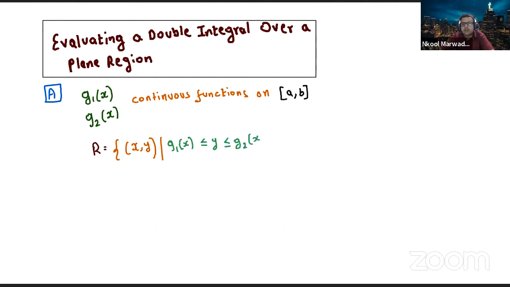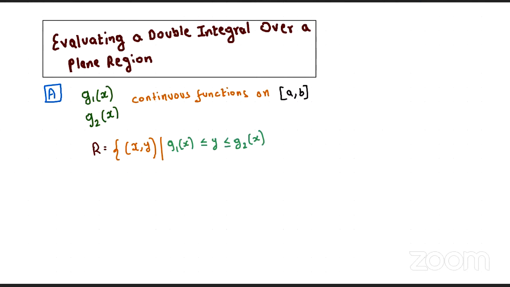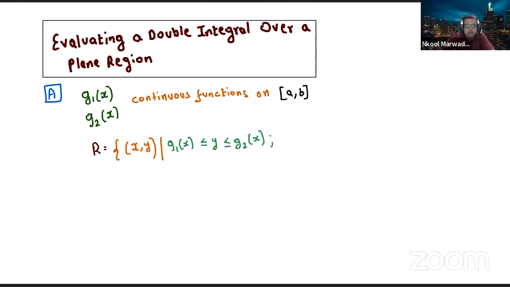The idea is that the region we are interested in will always lie between the functions g1(x) and g2(x) for all x between a and b.